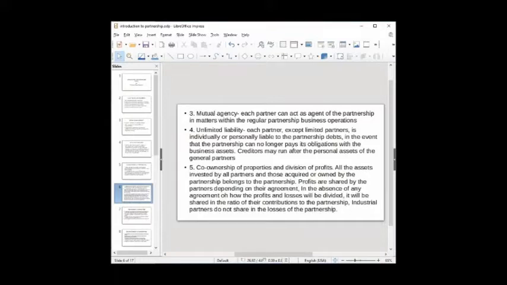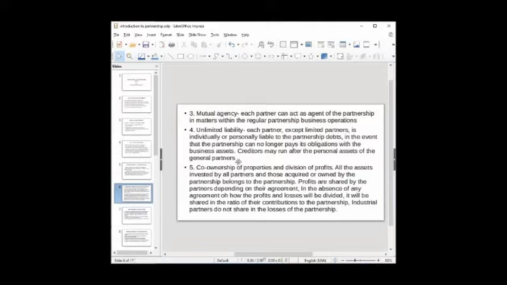Each partner except limited partners is individually or personally liable for the partnership debt in the event that the partnership can no longer pay its obligations with the business assets. Creditors may run after the personal assets of the general partners.